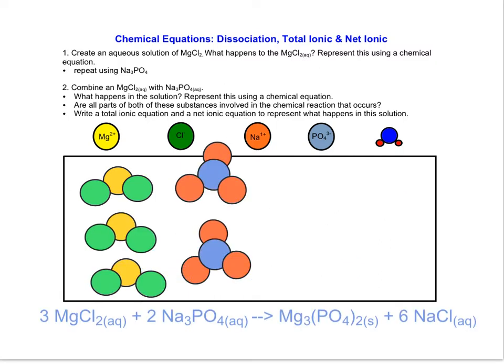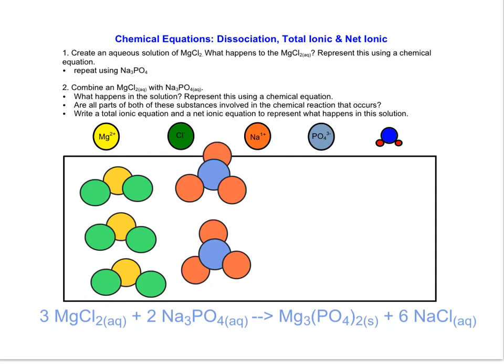So when we combine these two chemical compounds, the MgCl2 and the Na3PO4, and they're both in aqueous solution, a chemical reaction happens. And you'll notice again that these are both ionic compounds, and so it's a double displacement reaction that takes place.